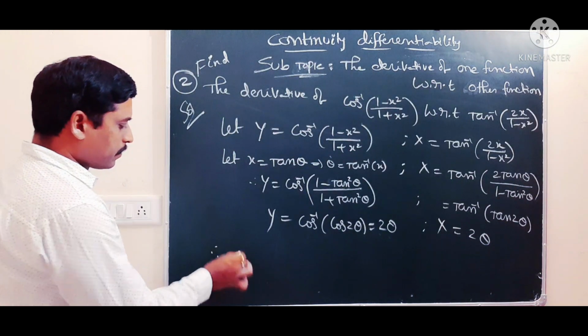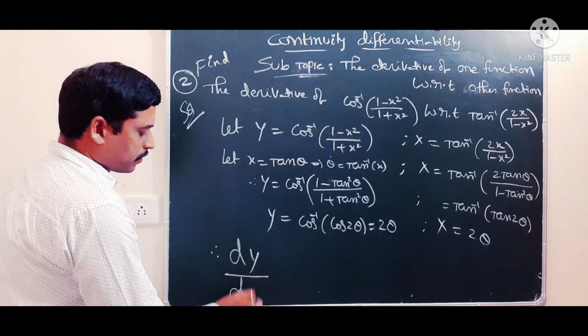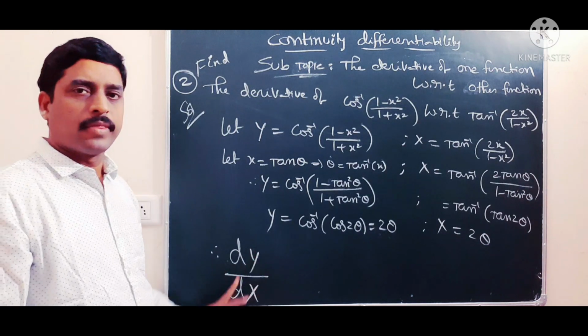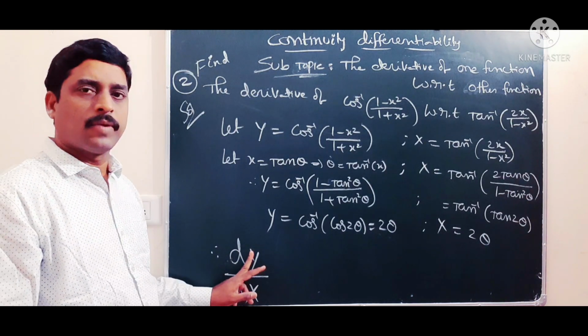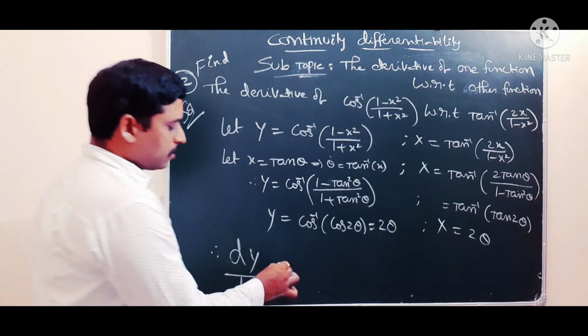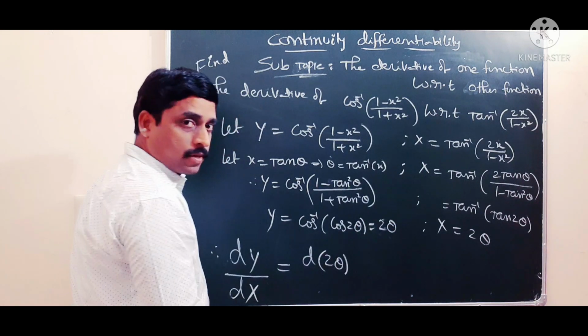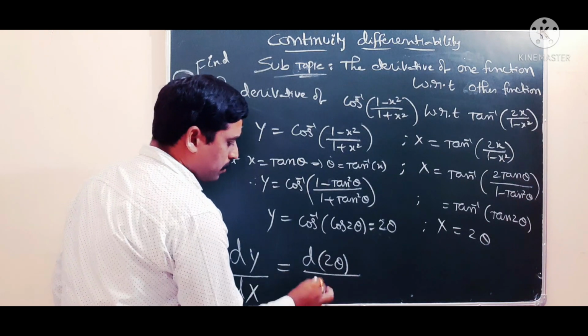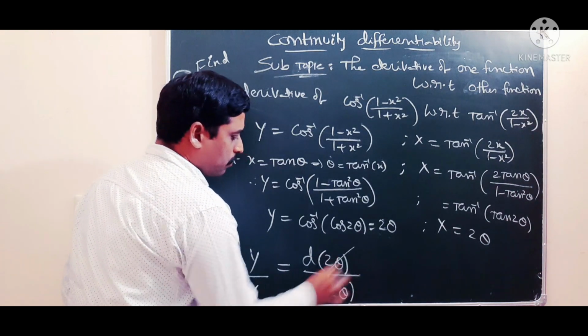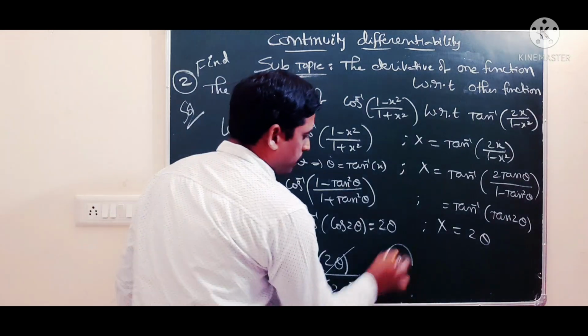But our target is dy by dx, the derivative of y with respect to x, the derivative of the first function with respect to the second function. So what is y? 2 theta. And the x value is also 2 theta. So both get cancelled. The answer is 1.